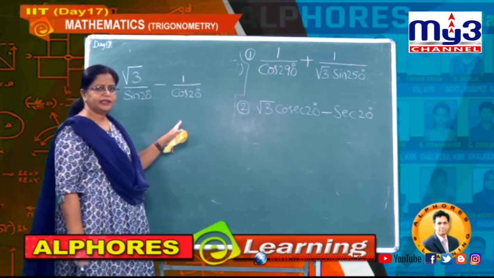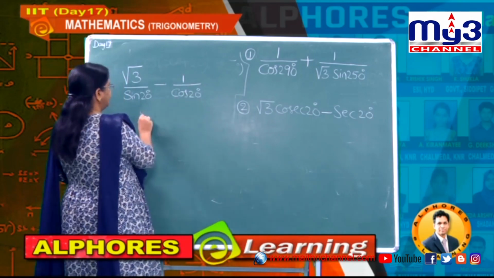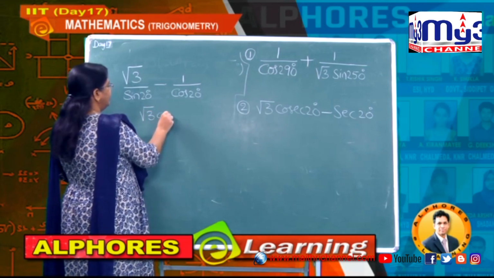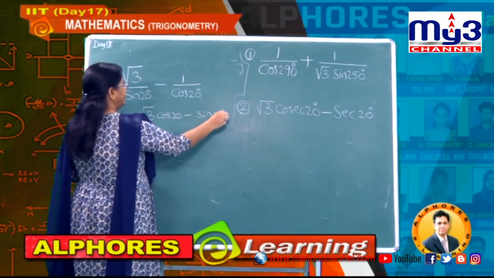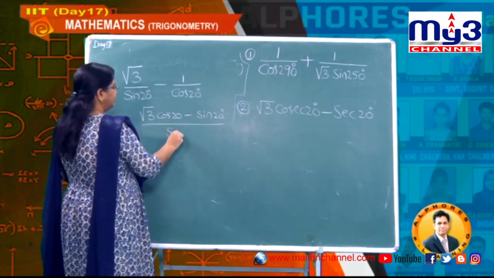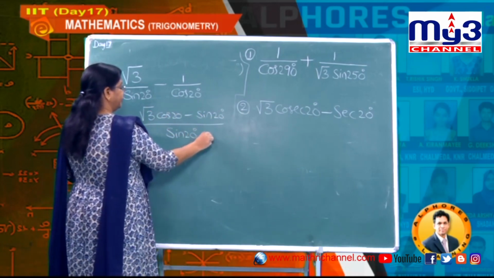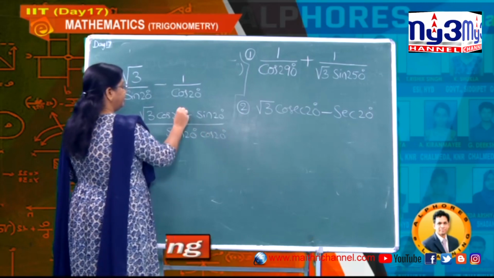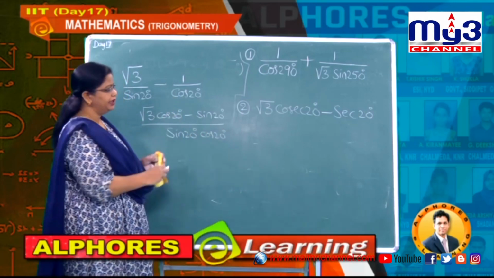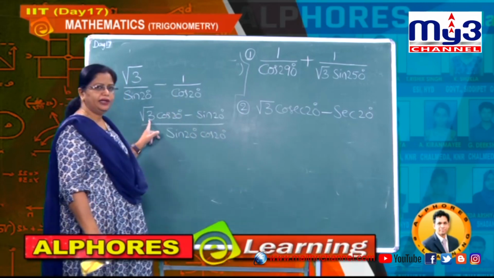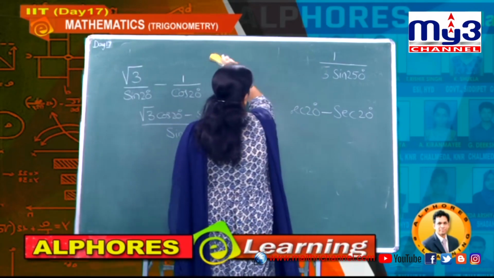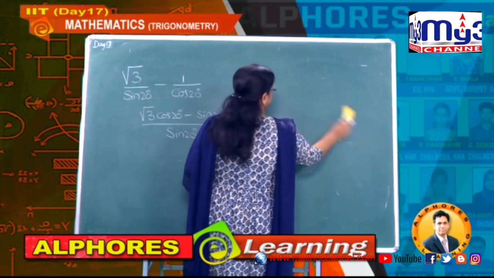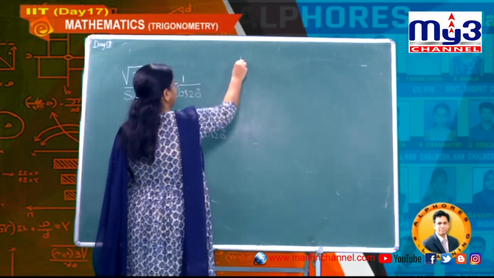Now what is the next step? LCM. So root 3 times cos 20 minus sin 20, whole divided by the denominator sin 20 into cos 20. Okay. So in this way we have taken the LCM. Again this root 3 let us write as cot 30, that is cos 30 divided by sin 30, or you can make use of tan 60 also.